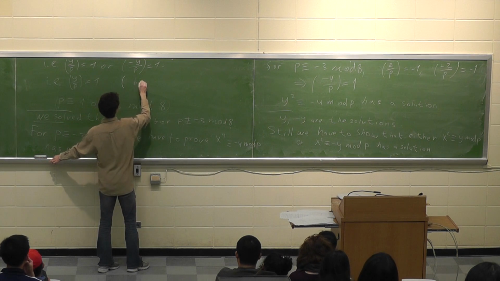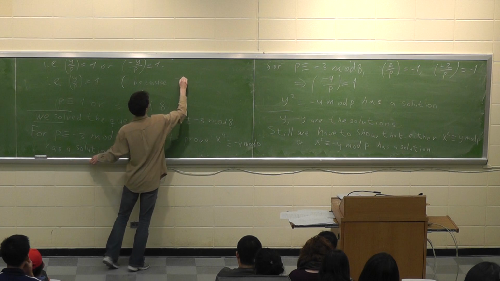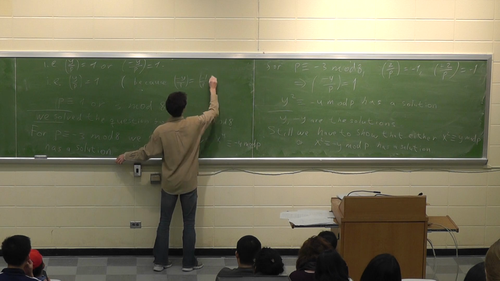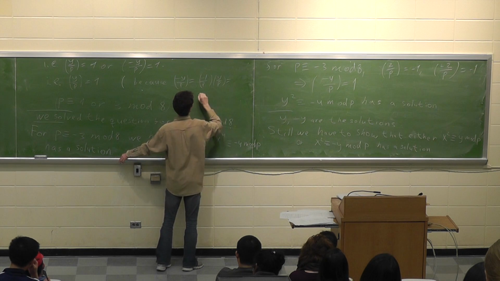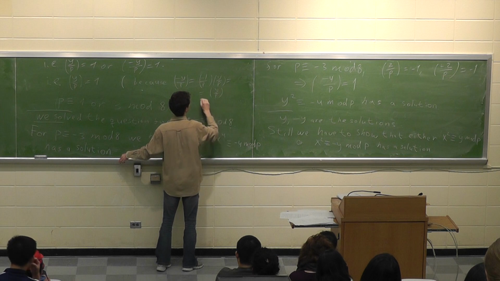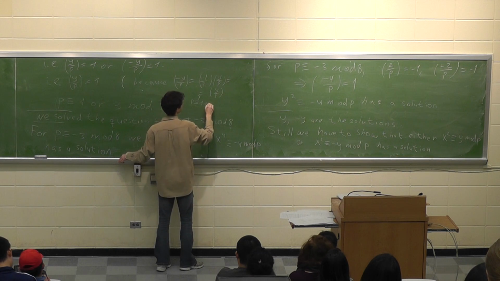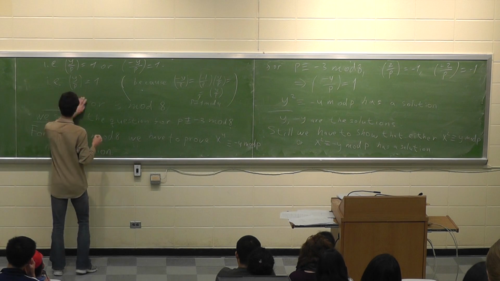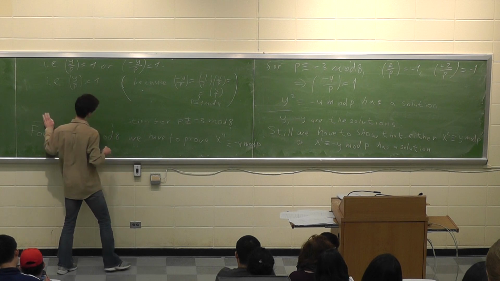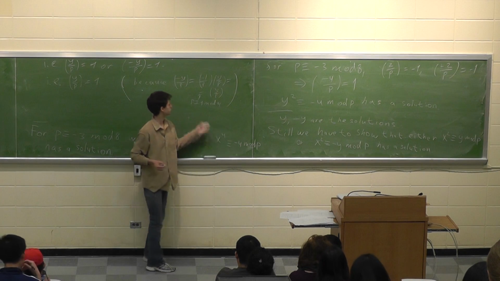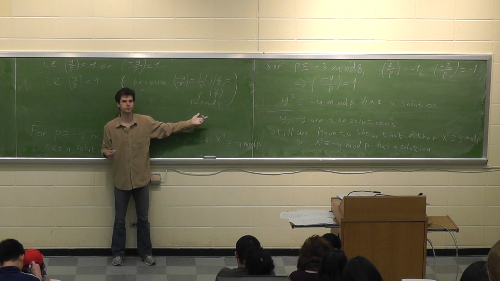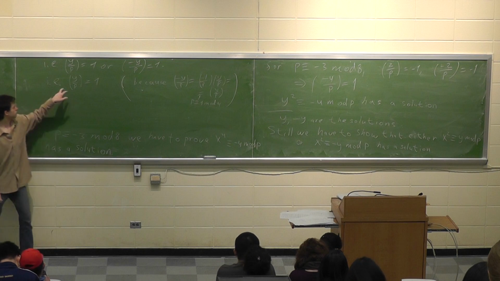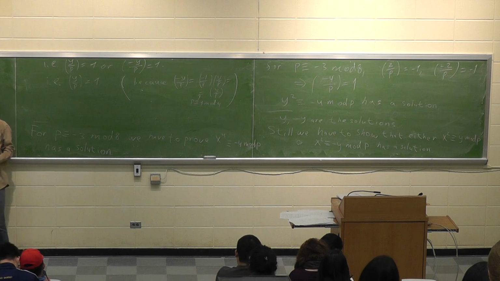So minus y over p is the same as y over p. We assume that p is minus 3 modulo 8, so it's minus 3 modulo 4, so it's 1 modulo 4. So we still have to show that y is a quadratic residue modulo p.